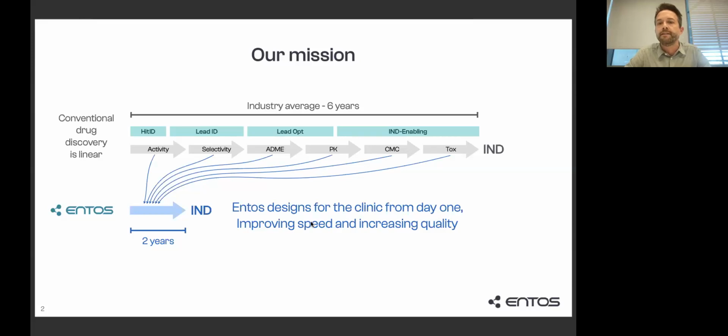Right out of the gate, consider factors like PK, consider factors like synthetic accessibility for CMC and toxicity. And the goal of that is to therefore become less committed to chemical matter that we later find to be problematic, and to find those regions of chemical space that are highly differentiated, and to do that as quickly as possible. And we use both AI and physics-based modeling, of course, for this pursuit.